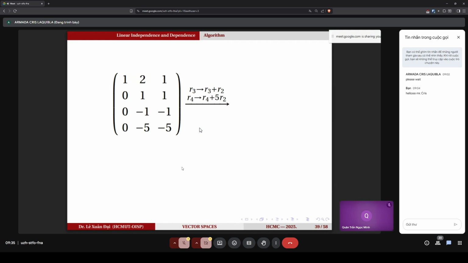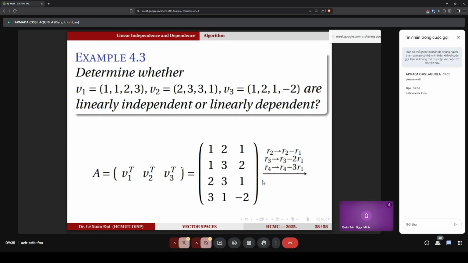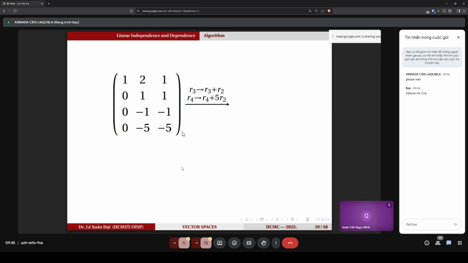I will not solve that all again. If you apply this in row 4, you can get 0, -5, -5. Now, make these two numbers here, the -1 and -5, be zeros and perform these elementary row operations, and you can get this. Now what happens is row 3 and row 4 become 0.